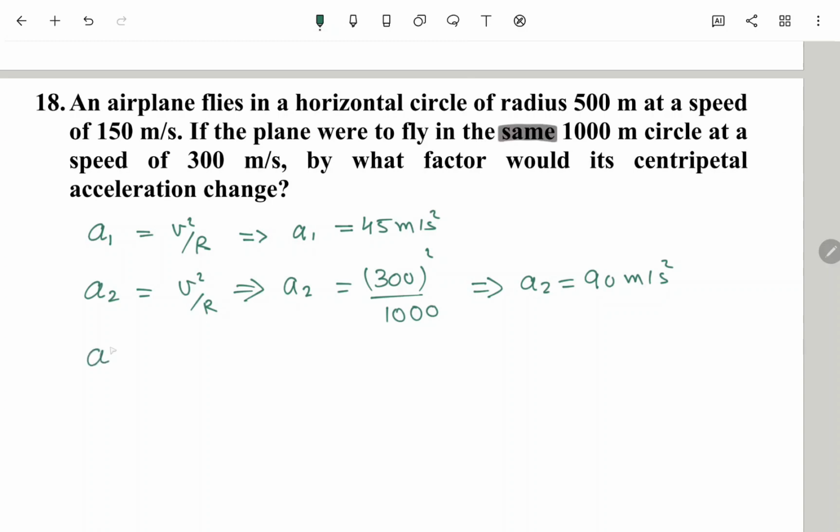Now a2 divided by a1 is equal to 90 over 45. In other words, a2 is equal to 2 a1. This means that if the radius is doubled and the speed is doubled, the acceleration will be doubled.